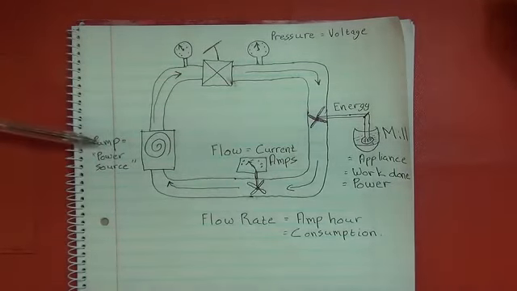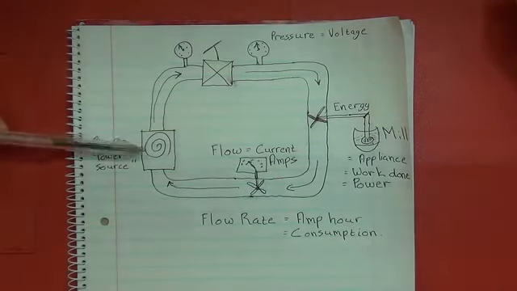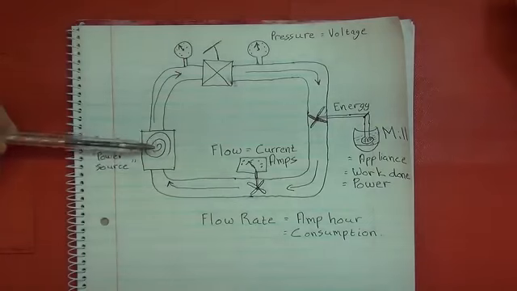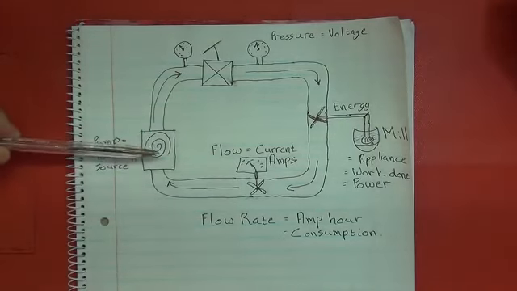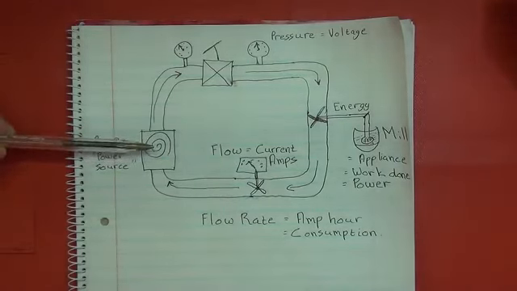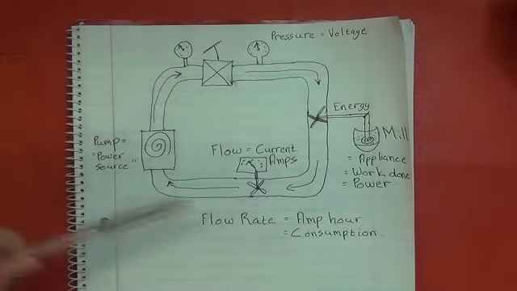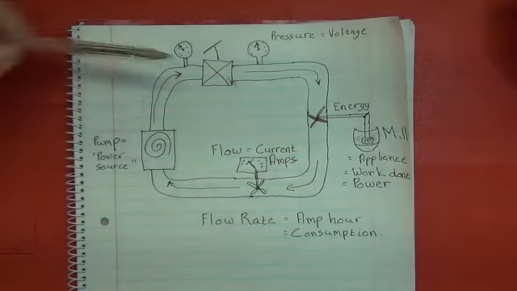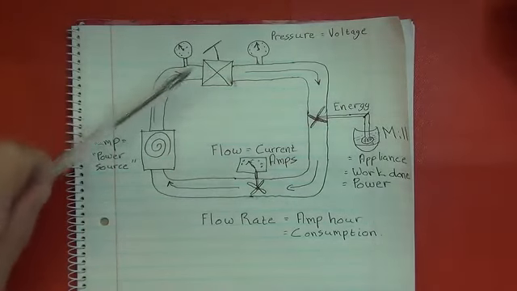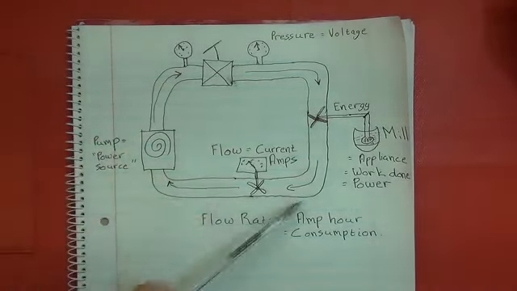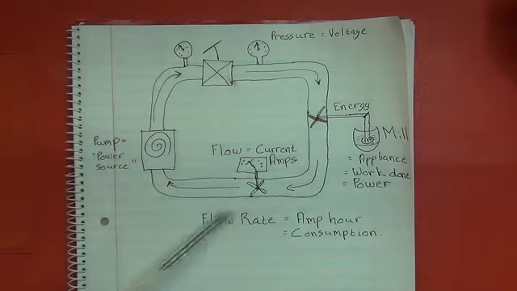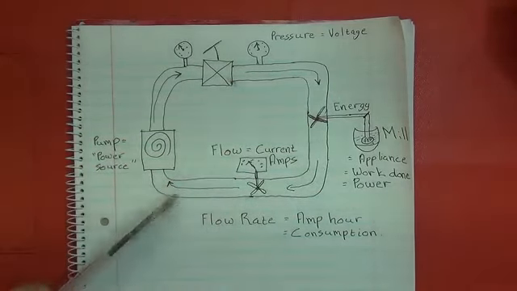So I'm going to call it the power source or the pump. In essence, it could be a battery or it could be your mains outlet in your house. But this is what creates the pressure and the flow to get water flowing around this pipe system. And in essence, that pressure and flow ultimately is the electricity flowing around this circuit or this pipe system.